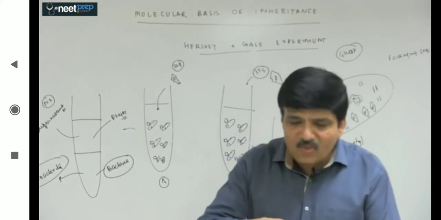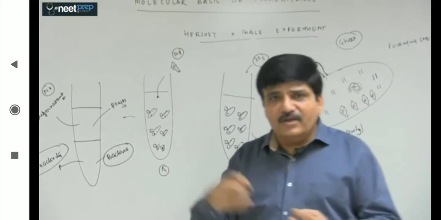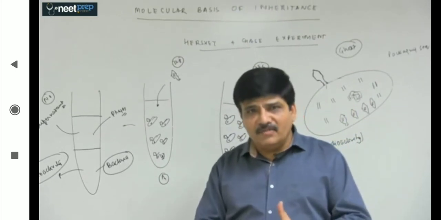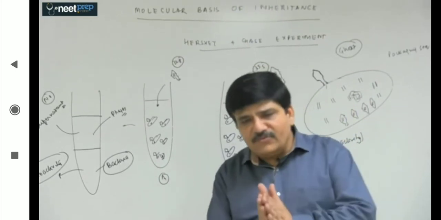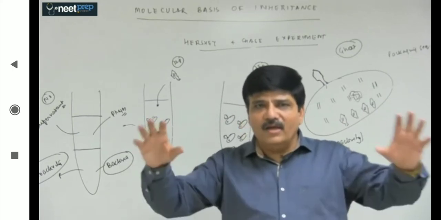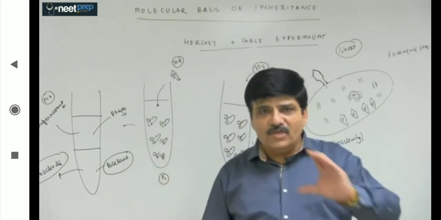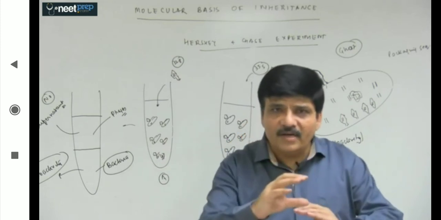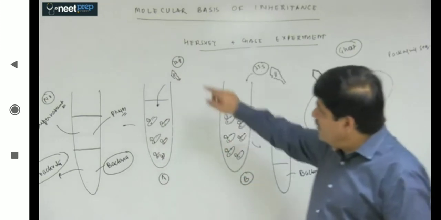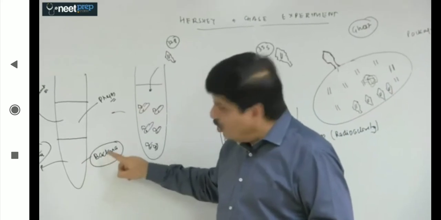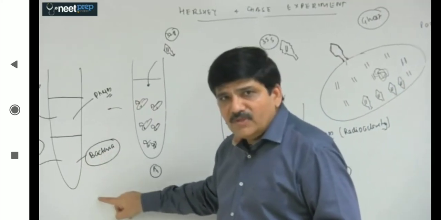So that means I removed the phages from the surface. I do not want in any way the protein to be associated with the bacterium. So in the blending part, you dissociate the two things and then you allow this to settle down and you allow the sedimentation to happen. So there will be a lower part, and there will be a supernatant. And then you saw that when you use 32P, the radioactivity was within the bacterial cell, and not only within the bacterial cell but within the progeny as well.